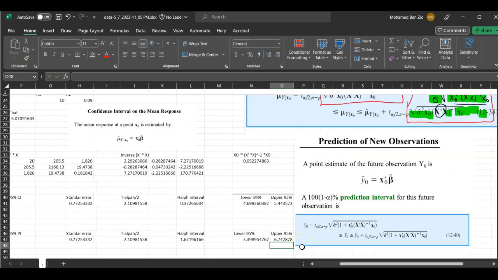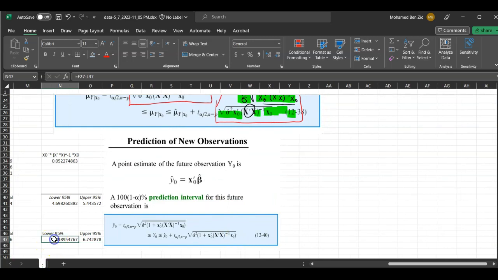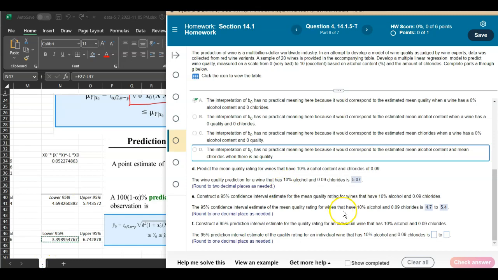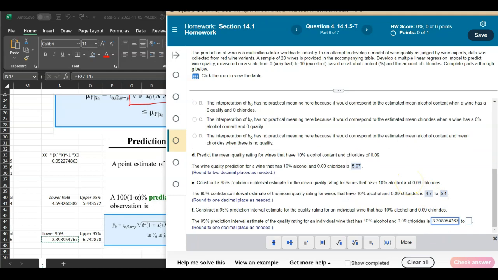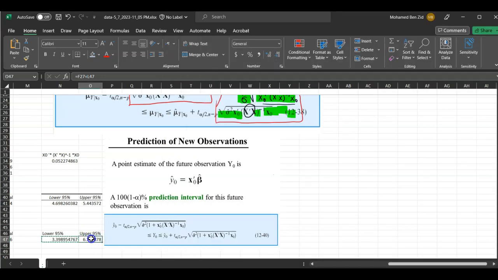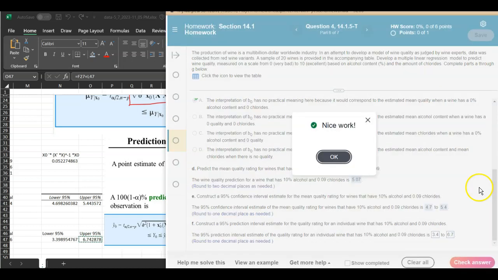And those are the two values. Now we can copy them, copy the first part, the lower end, paste it, and round it to 1 decimal. So instead of 0.39, it would be 4.0, and the second one is going to be 6.7. Let's type it, 6.7, and let's check it.